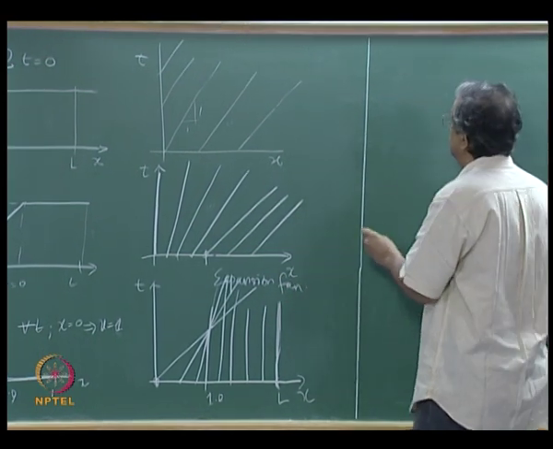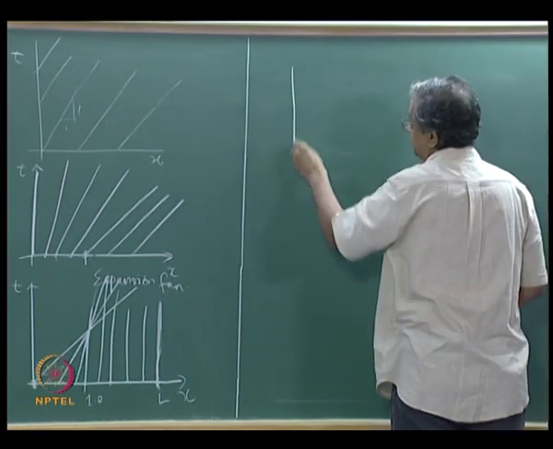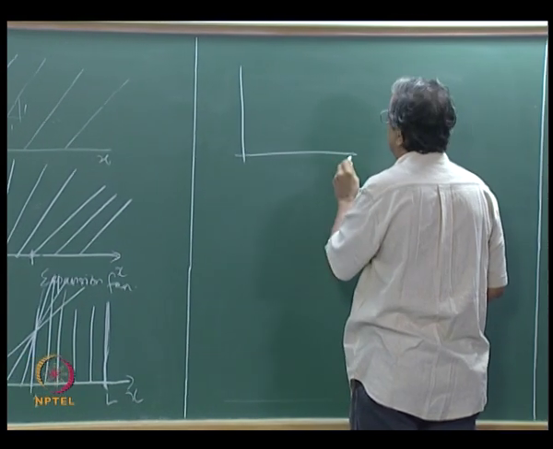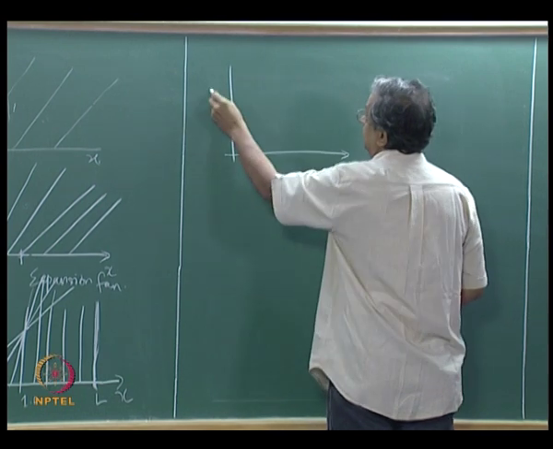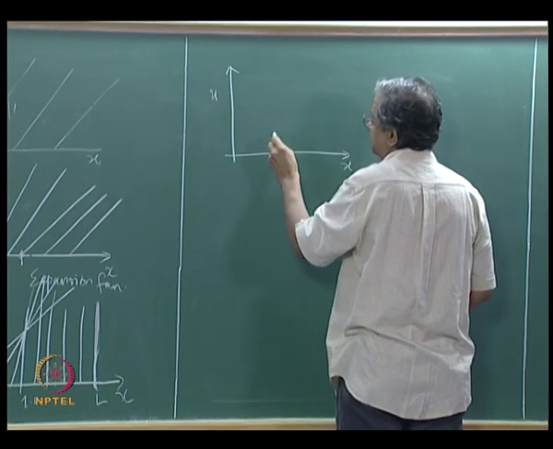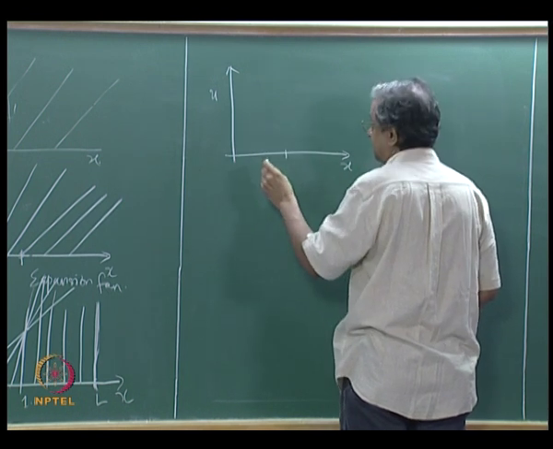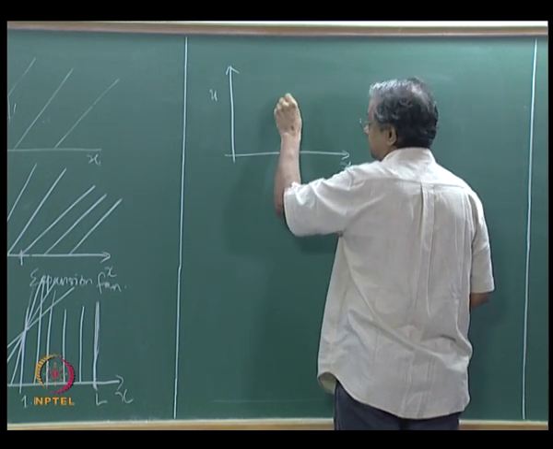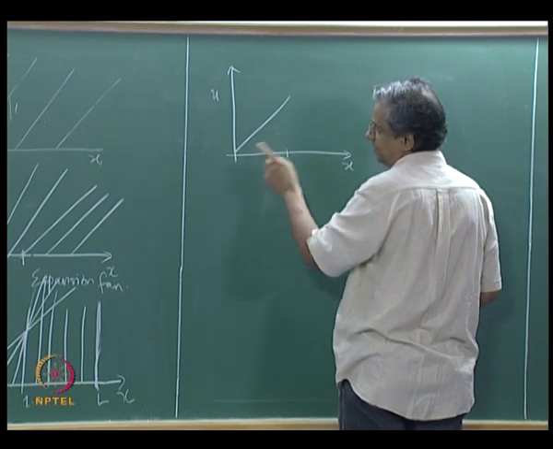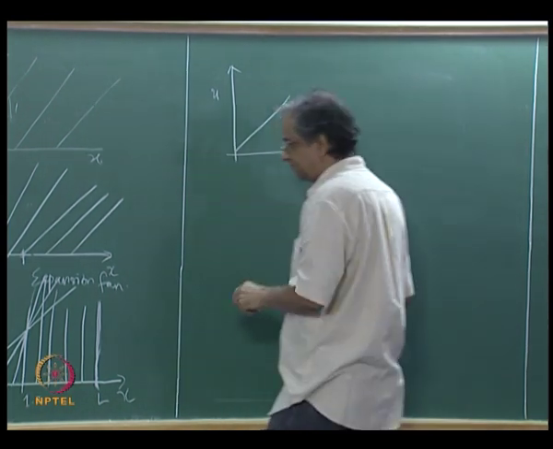Okay. So effectively what you are going to get as time progresses, you will get a series of functions. So if this is 1, this is what you started off with. Let me draw it back here.